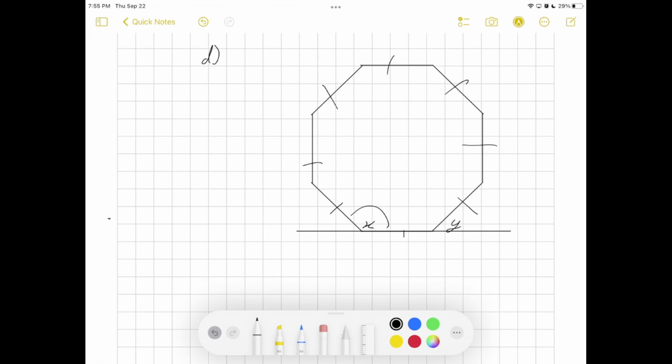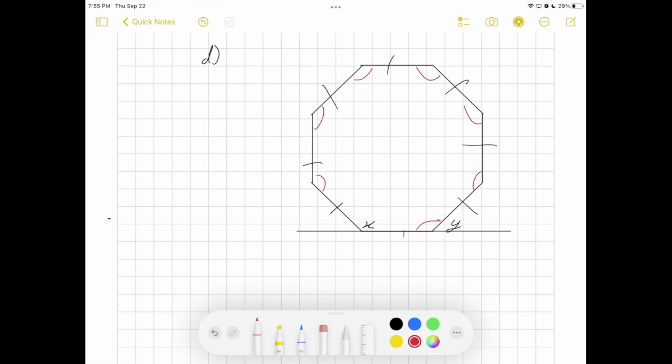That means all the sides are equal. So every side of this octagon is the same length. Okay. Now, what this means is that all the angles are also going to be equal if every side length is equal. All the angles are equal in this octagon.